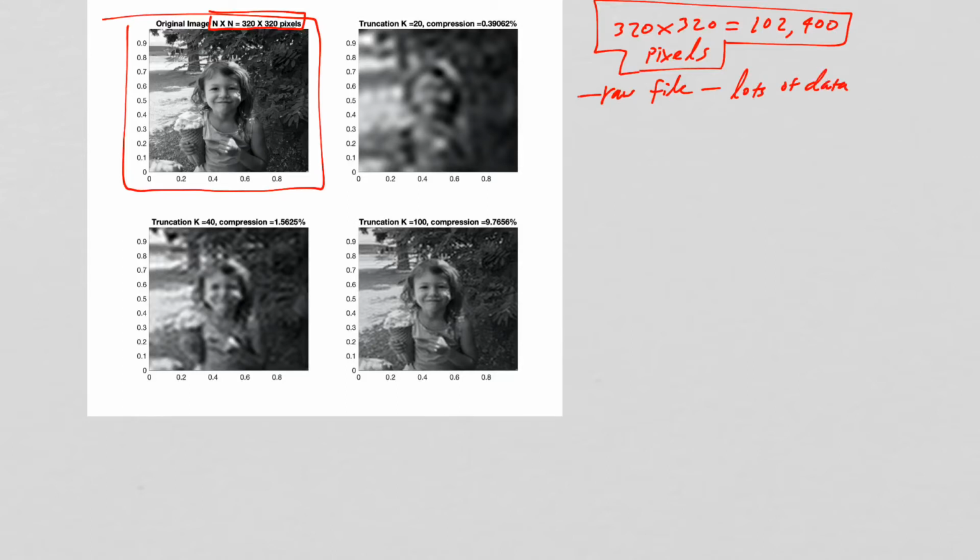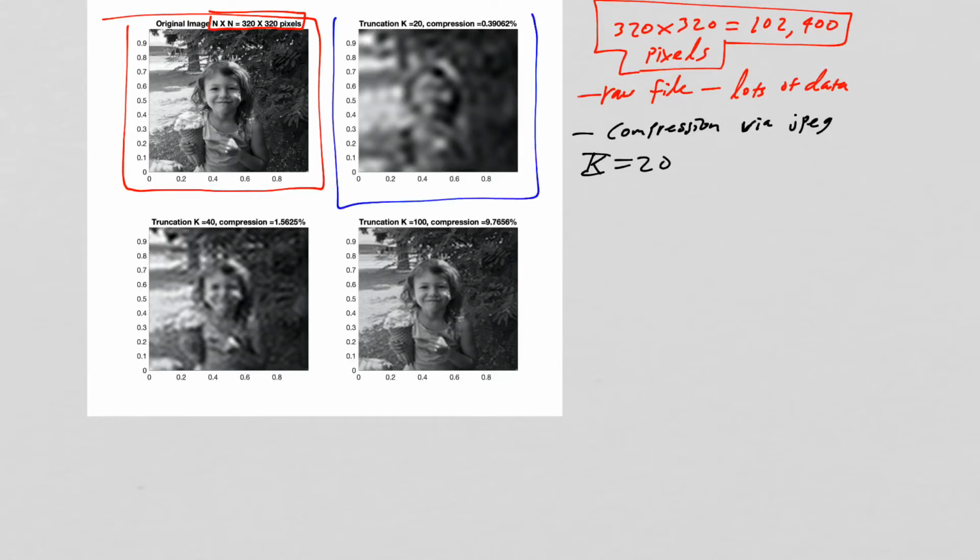All right, so let's see what we can do in terms of compression via a JPEG. So here I'm going to go with K equal to 20, and that's up here in the upper right hand corner.